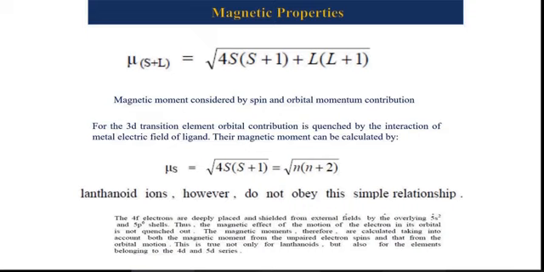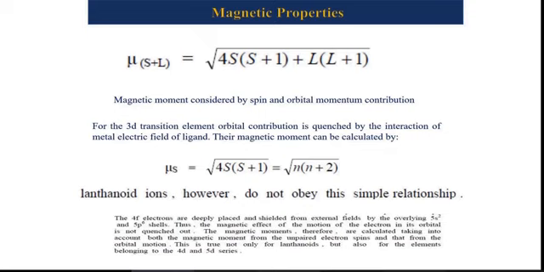Now, in layman's language, in the case of d-block elements, the orbital contribution is usually quenched by the interaction with the electric field of the ligand in its environment, and that's why the magnetic moment can only be calculated by the spin contribution.